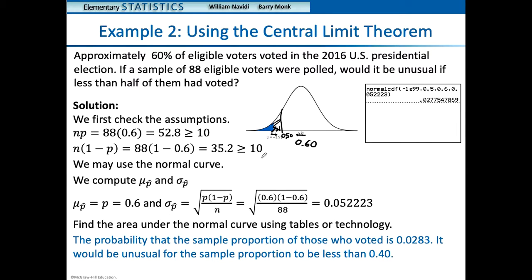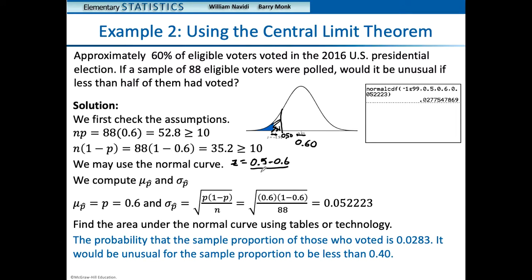So if we were to use the z-score and table option, we take z equals 0.5 minus 0.6 and divide that by the standard deviation, which is the square root of p times 1 minus p over n, and that's computed right here.